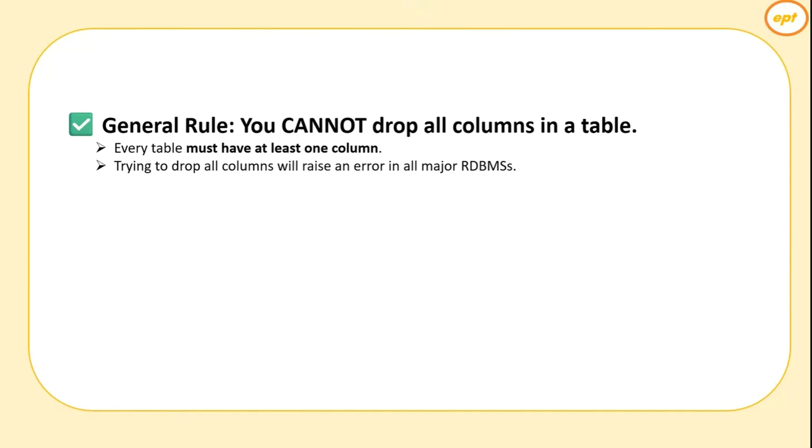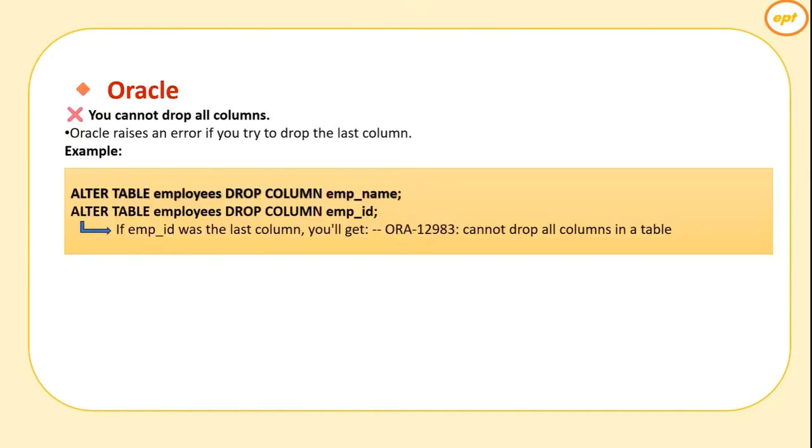If you try to drop all columns in the table, it will definitely throw an error. All relational databases throw an error. We will explore one by one. We will start from Oracle database, then go to MySQL and then PostgreSQL.